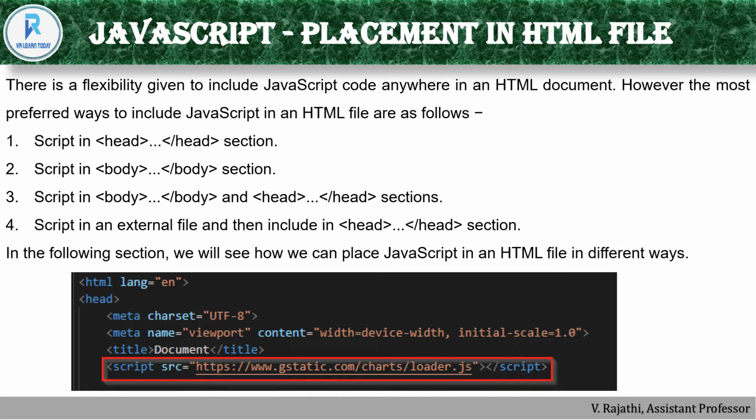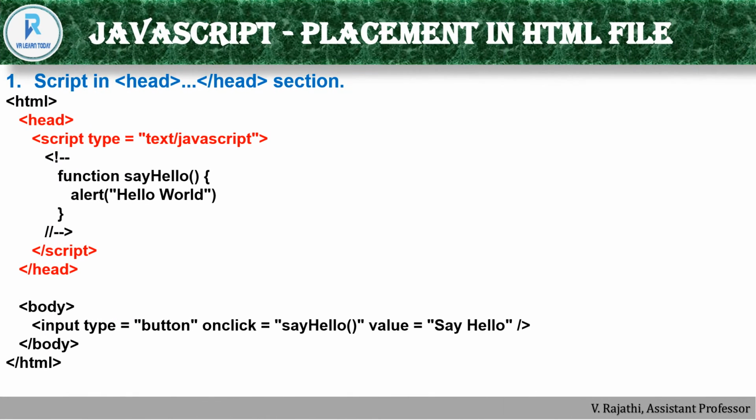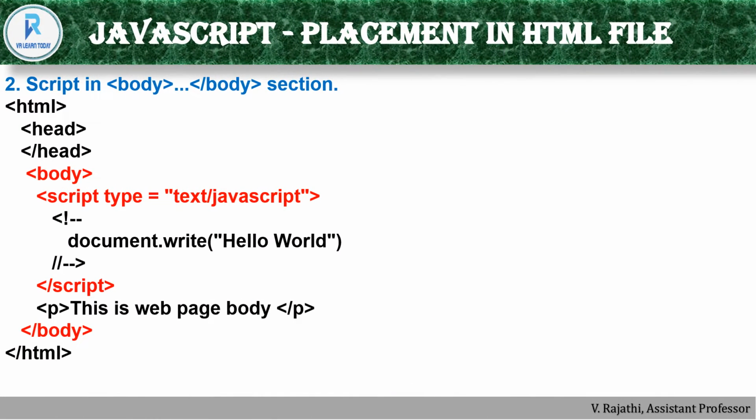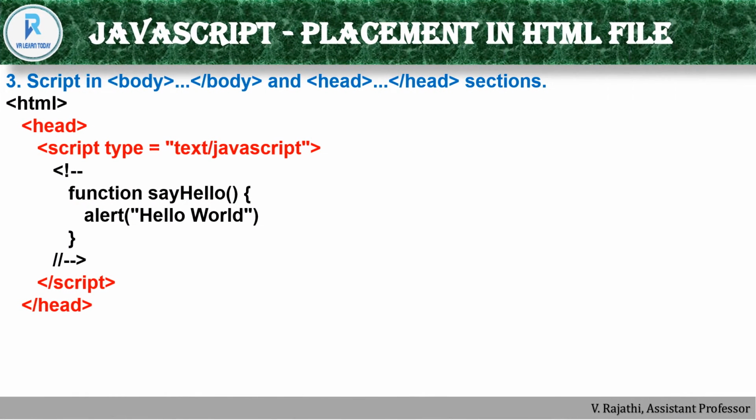So this is the script tag. The first one is scripting in the head section, so inside the head section we use the script tag. Then the script tag is placed inside the body section. The third one is script in both body and head, so we use the head tag and the body tag as well.